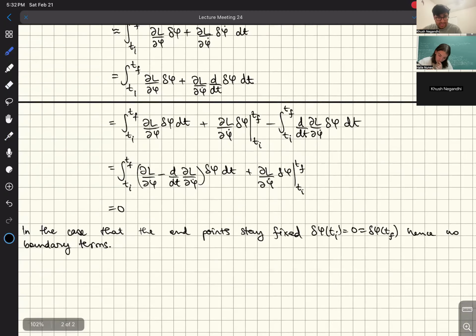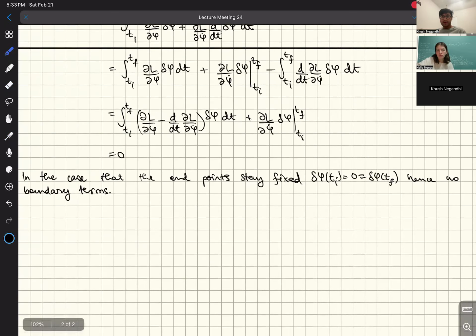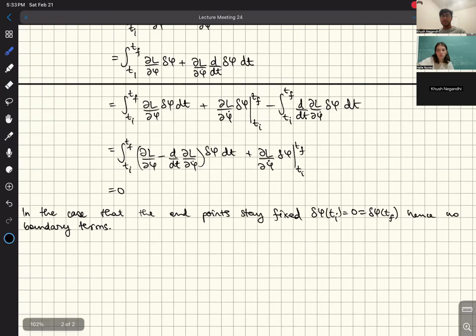So for now, I'll just take fixed boundary points, but do remember that allowing the boundary points to not stay fixed is also very interesting in its own right. And it does lead to very interesting physics. But for now, we will take that the boundary terms are fixed. Are there any questions on this so far?